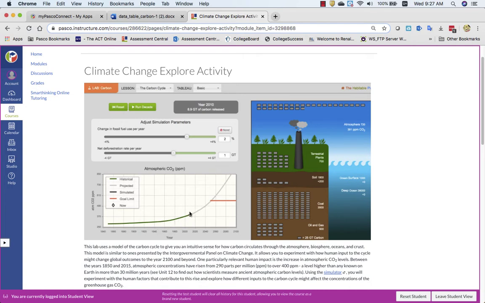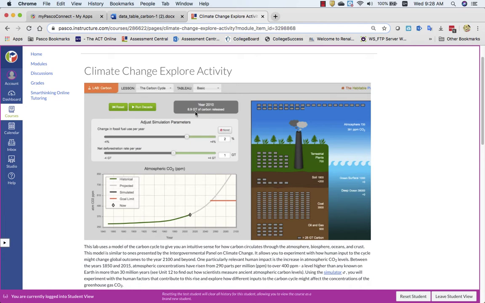This graph shows you what's happening to atmospheric carbon dioxide in parts per million. Over here shows how much carbon is being stored in these different places. So this is the atmosphere. It gives you the amount, and these are in, I believe, gigatons, which is what GT stands for.